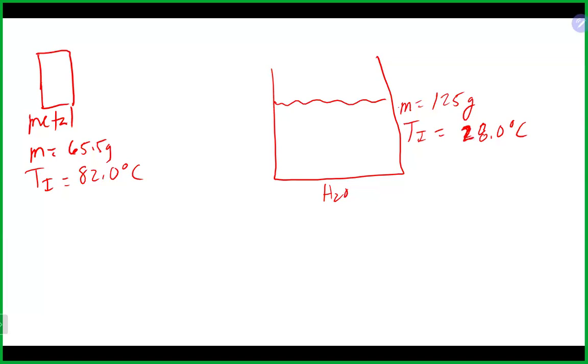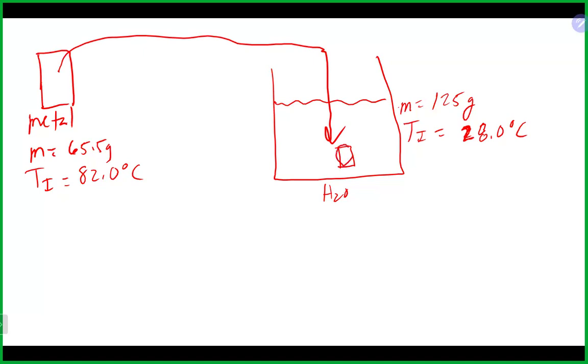Now, when I take this hot piece of metal, like you're going to do, and dump it into my water, as we talked about last time, what's going to happen to the temperature of the water? Will it go up or down? Should go up, because the metal is much hotter than the water, right? So in terms of the metal, is it an exothermic or endothermic process?